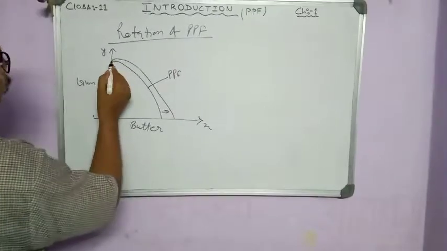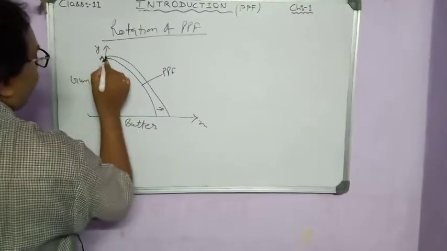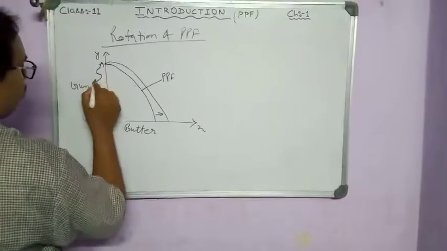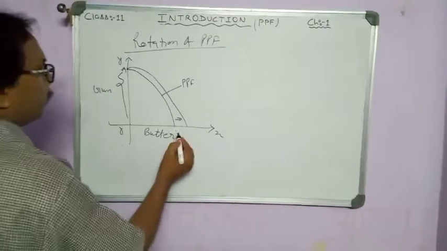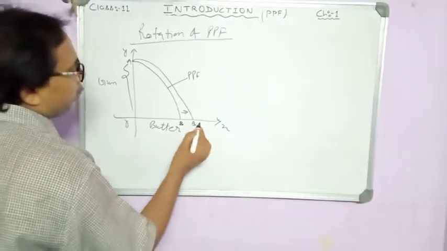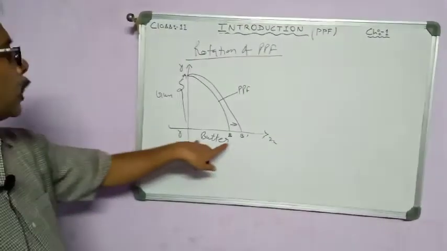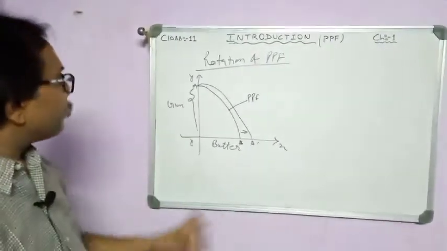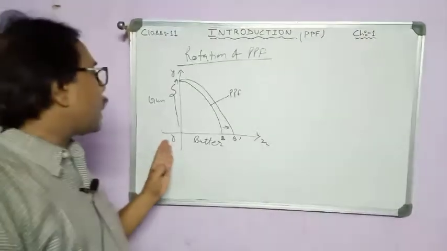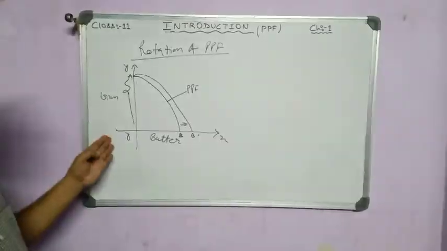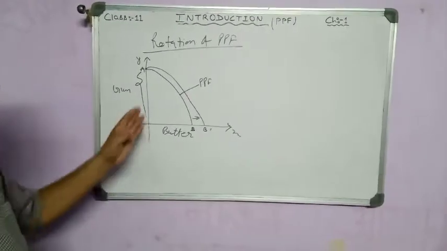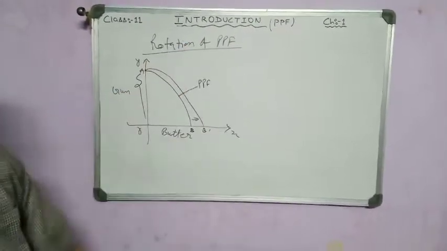So what do you find here? First, A is the common point which indicates that OA is the production of gun, and this is B and B dash. Previously the production of butter was OB, but nowadays we are capable of producing more butter and there is no change in production of gun, so that is known as rotation of PPF.